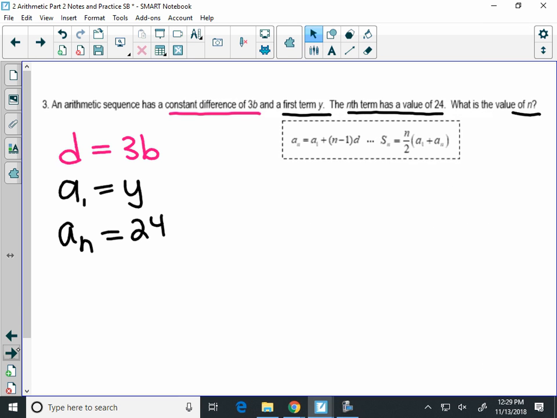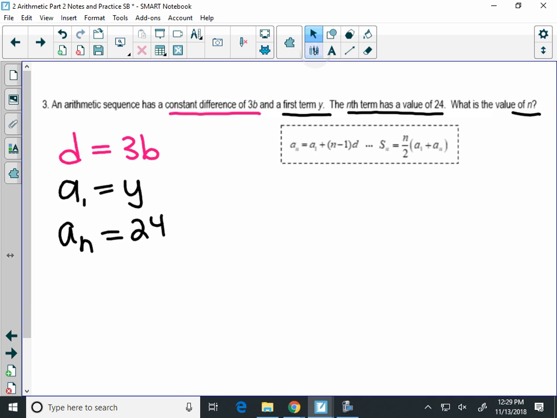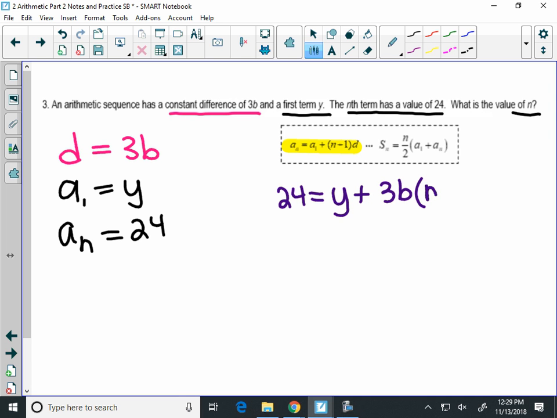So, just like the other ones, we are going to use our sequence formula here. A sub n. What goes in the formula for A sub n? 24. So 24 equals. What goes in for A sub 1? y plus, what's my d? 3b times n minus 1. So it's a literal equation. It means we want to get n by itself.